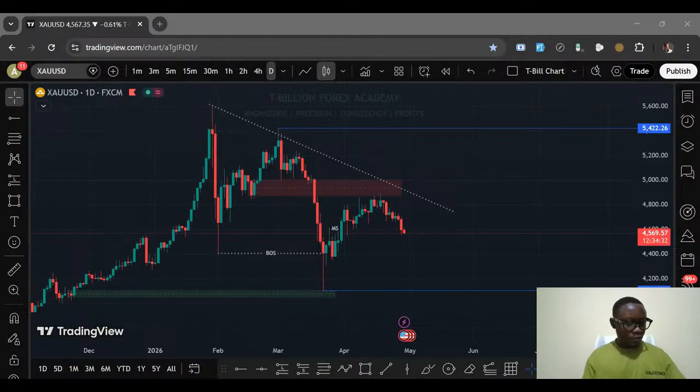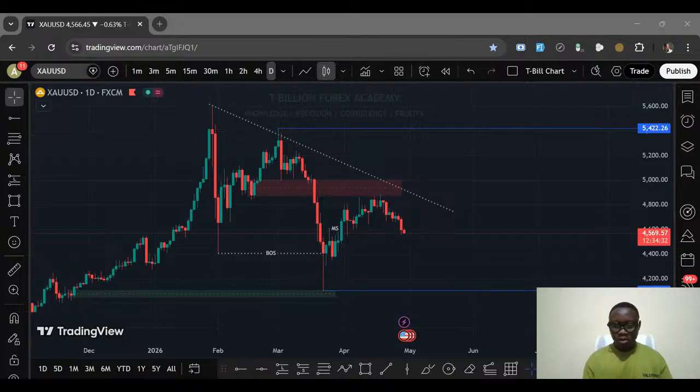Our primary focus is XAUUSD, which is gold, GBPUSD, as well as BTCUSD. The goal of this session is to sharpen the understanding of the smart money concept, which includes order blocks, breaker blocks, market structure, inducements, liquidity zones, as well as price action.